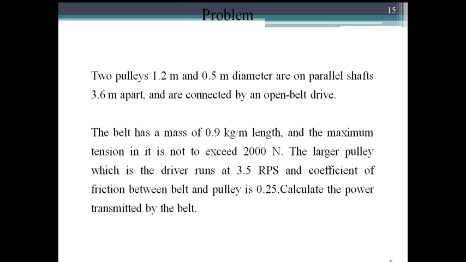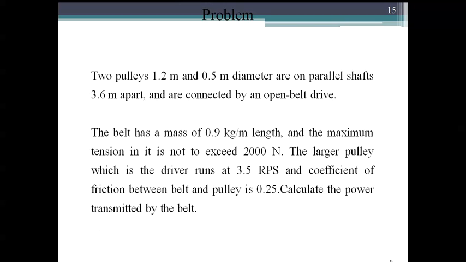So D1, D2 and D are given. The belt has a mass of 0.9 kg per meter length, and the maximum tension in it is not to exceed 2,000 newtons. The larger pulley, which is the driver, runs at 3.5 rps and the coefficient of friction between the belt and pulley is 0.25. Calculate the power transmitted by the belt.